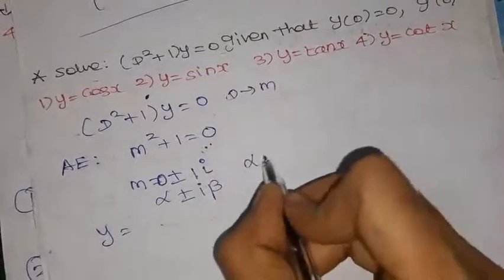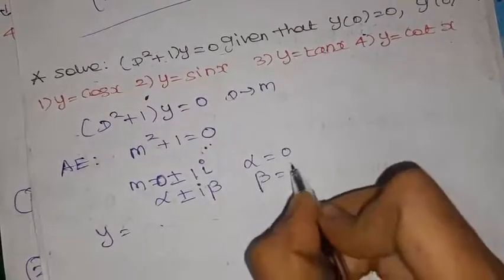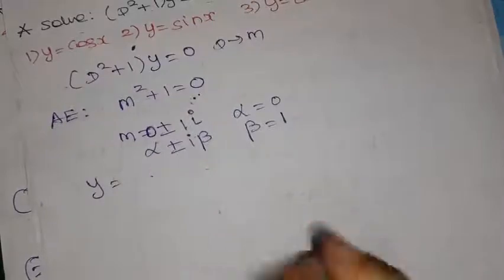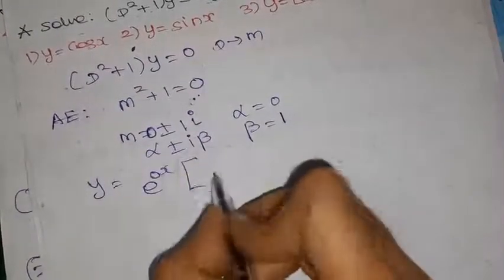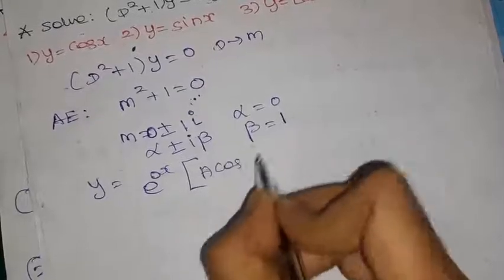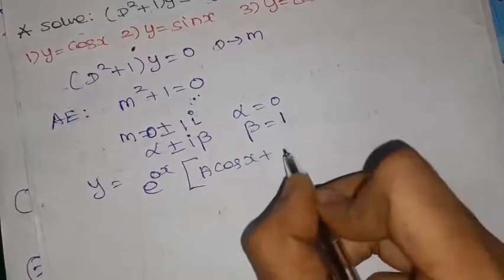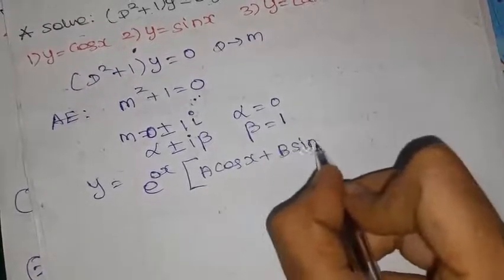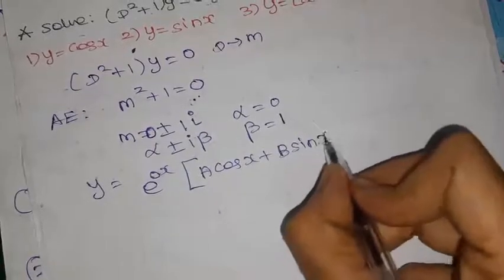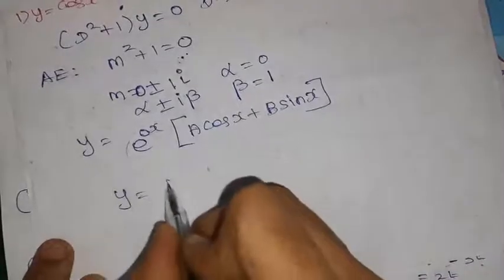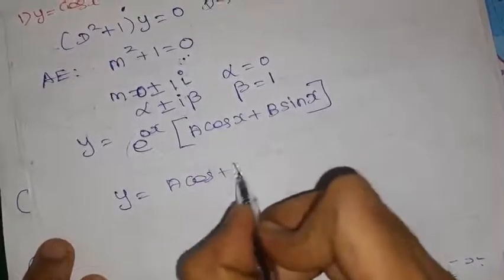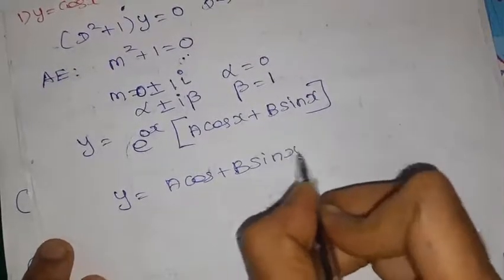So what is alpha here? 0, beta equal to 1. So e power alpha x, e power 0x into a cos beta x, a cos x only, beta value 1. Then b sin beta x, nothing but sin x only. e power 0x we will get 1 only. So y equal to a cos x plus b sin x. So this is the solution for the differential equation.